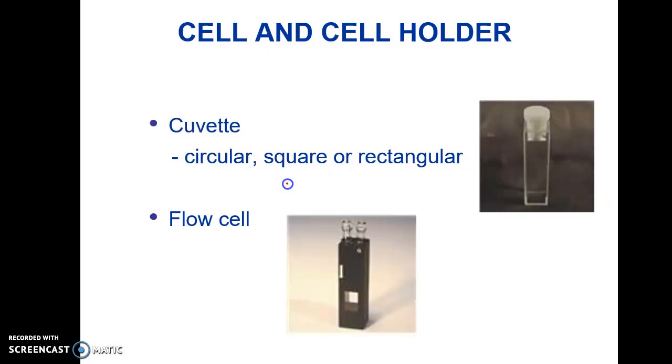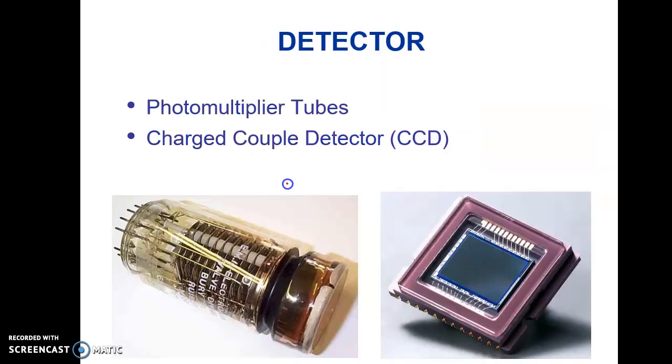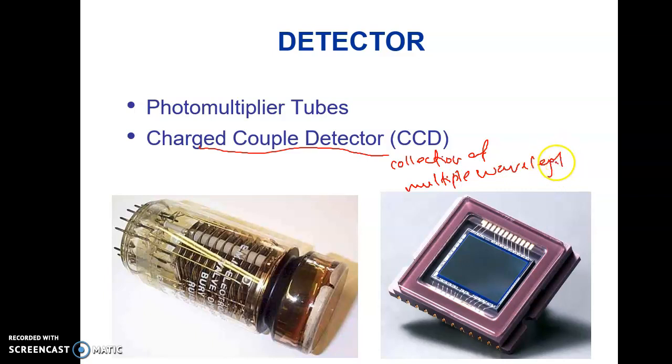The cell holder is the same as UV visible spectroscopy, mostly better to use quartz. Detector, same. The charge coupled detector enables the collection of multiple wavelengths at one time. Okay, so this is the best thing about CCD. It collects a lot of radiation at one time.